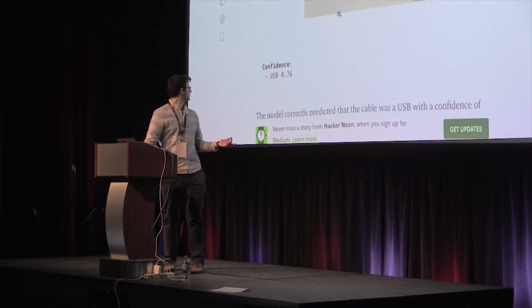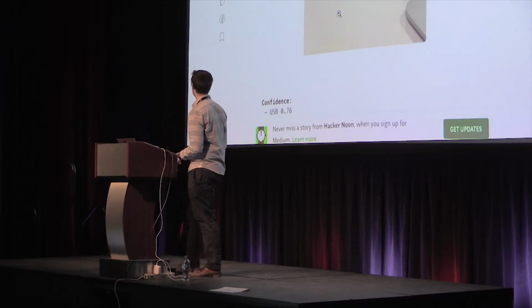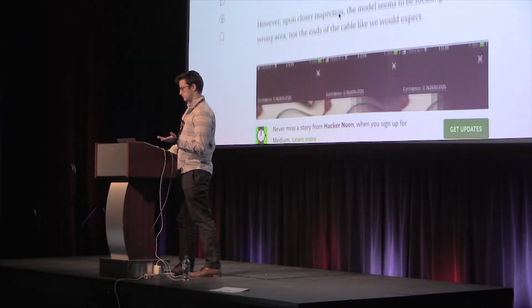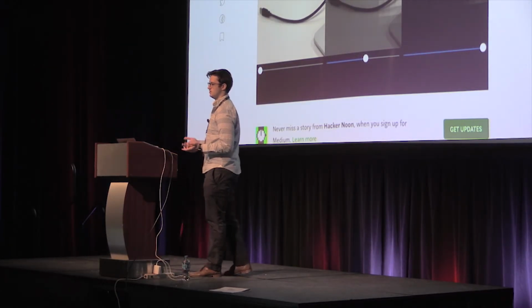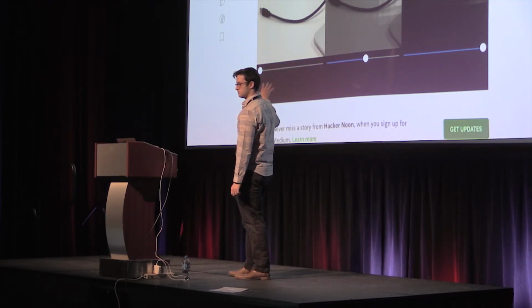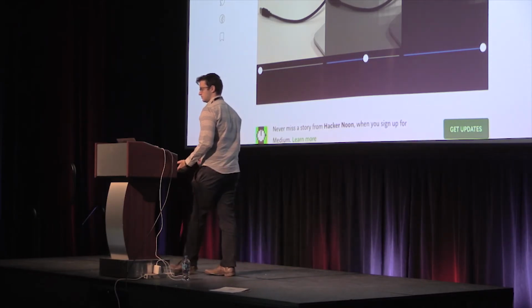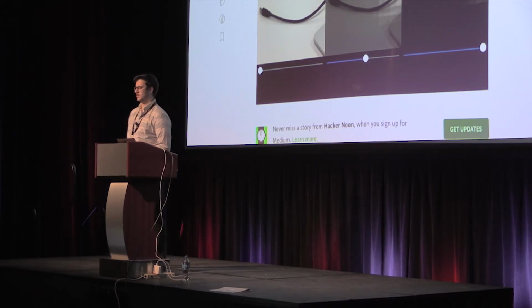It had a decently high 76% confidence that it was USB, but if you do that thing I was showing earlier, it wasn't actually focusing on the ends of the USB. It was focusing on the cable part, so you'd want to upload photos of more cables.